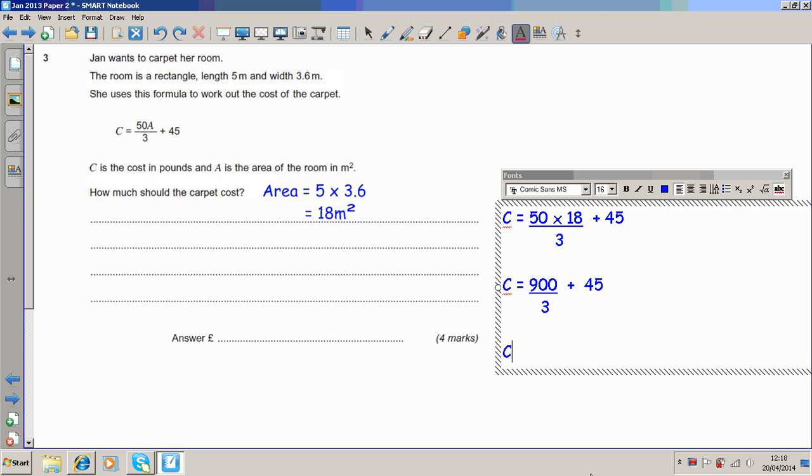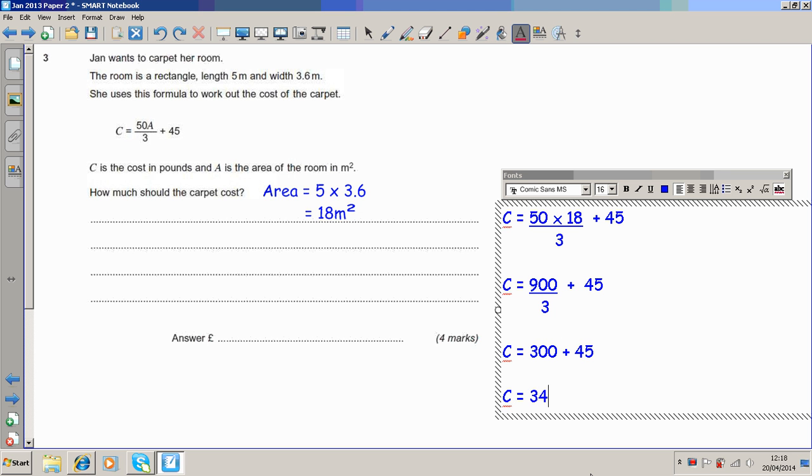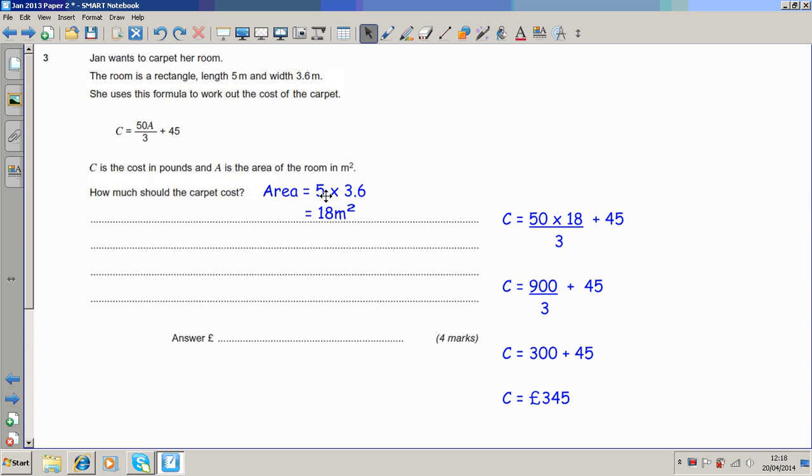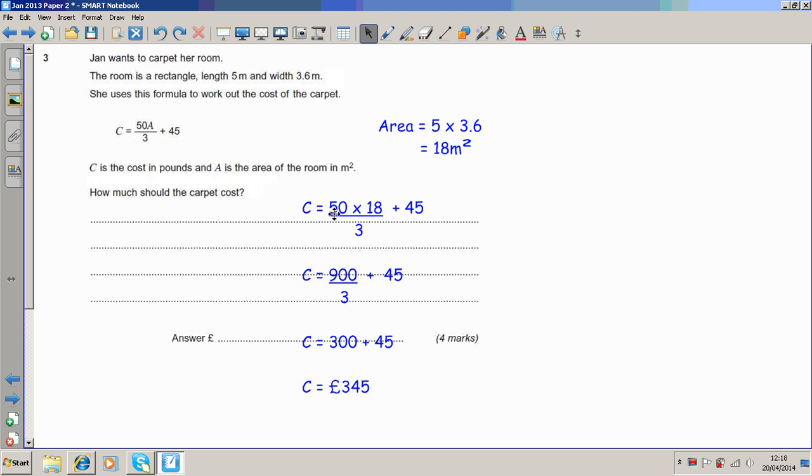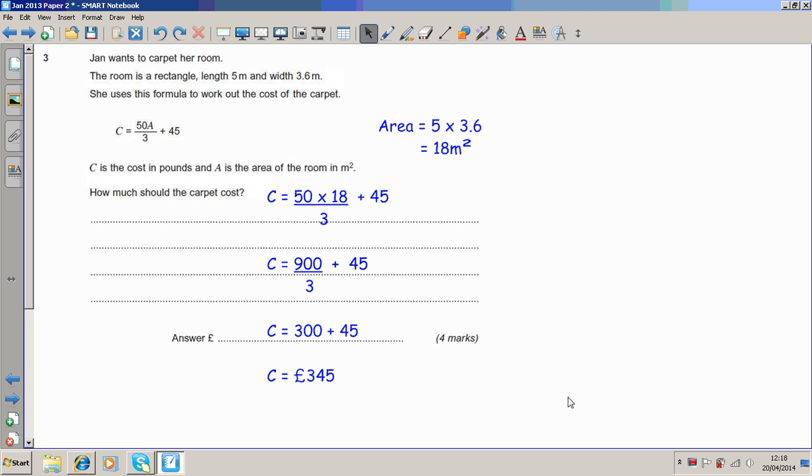Divided by 3. 900 divided by 3 is 300, plus 45, which means the cost is £345. Then we're done. So work out the area first, and then you can work out your cost.